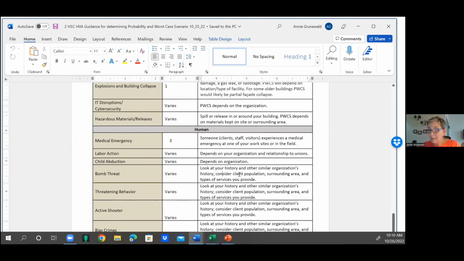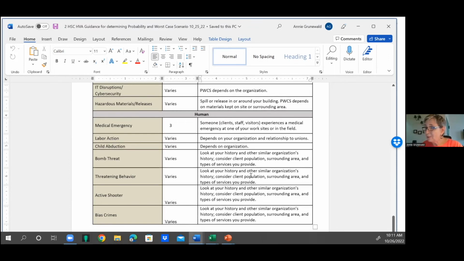So looking at bomb threats, for instance, if the conditions are right for that, if you know that there are people who don't like what you do, if you've had threats in the past, you might want some specific procedures. And there are great ones on federal websites about what to do if somebody says there's a bomb, 2 or 3 pages, good procedures for staff. So it varies for your organization.